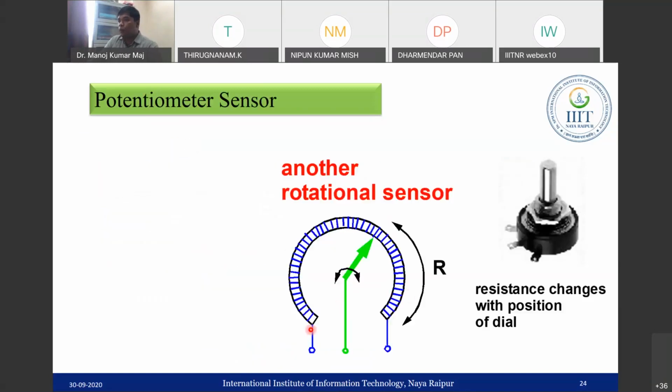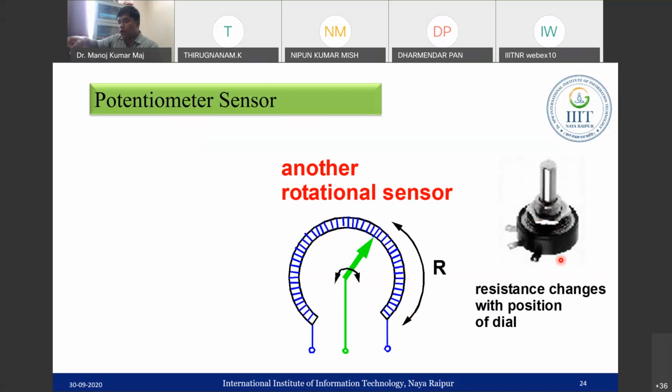Then the potentiometer sensor. Potentiometer, we all know, is whenever we have a knob, and if we move the knob in some particular direction, the resistance can increase or decrease. Depending on this phenomenon, that is how it can be rotated.